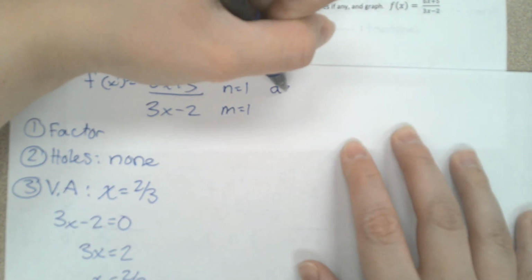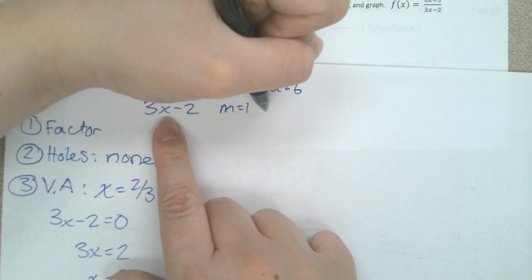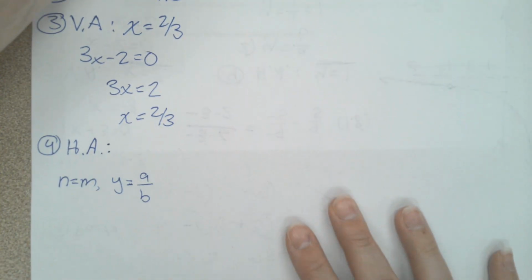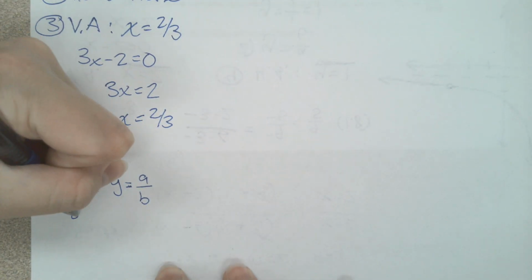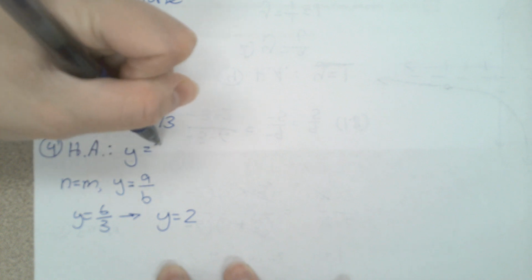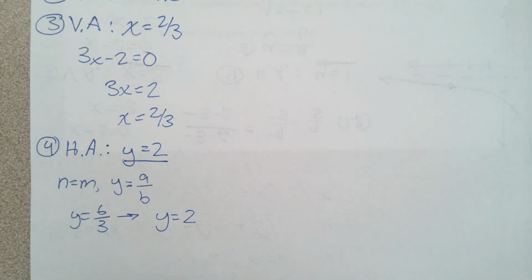So here the leading coefficient is 6, and here the leading coefficient is 3. So y equals 6 over 3. So y equals 2. That is our horizontal asymptote. Make sure I'm not missing anything. This should be it. Yep.